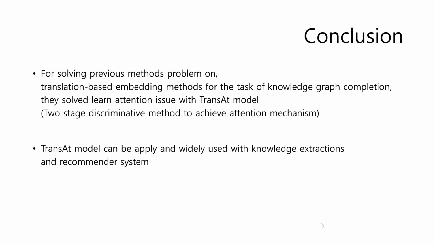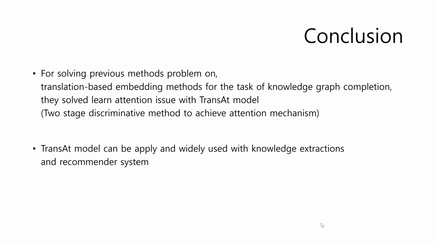Specifically, they noticed that there exists a hierarchical structure among the attributes in entity, and human cognition of entity follows hierarchical routine. Thus, they propose a two-stage discriminative method to achieve attention mechanism.